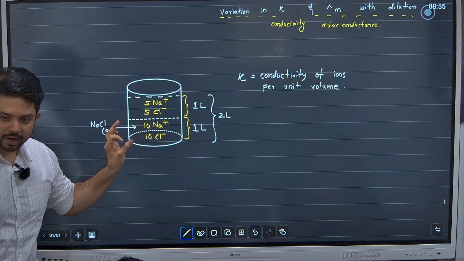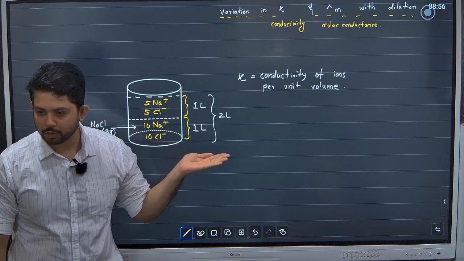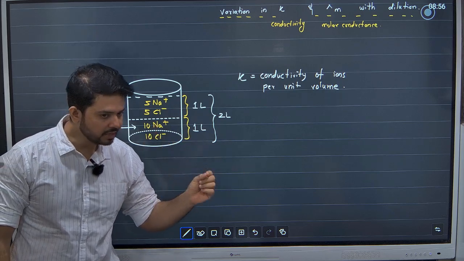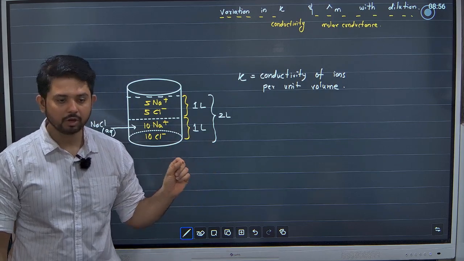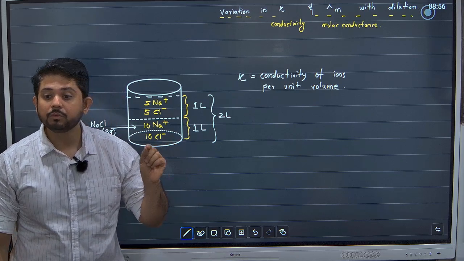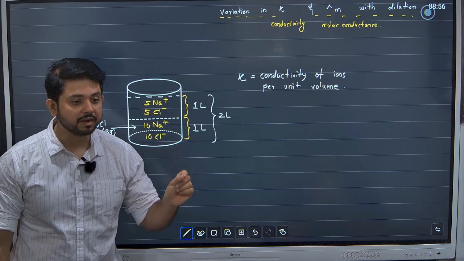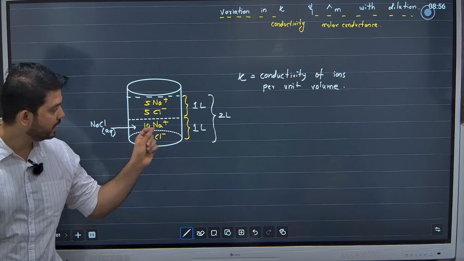Initially, when we started with 1 liter, how many cations were present per unit volume? How many anions were present? But when you diluted the solution, now how many cations are present per unit volume? 7.5.